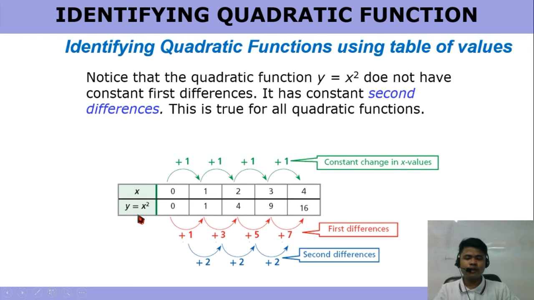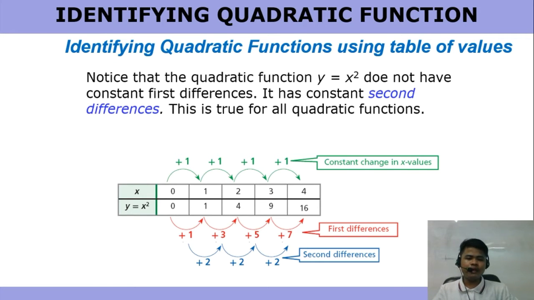Here, the difference of the x values is constant. For a quadratic function, the difference of the x values is constant. And in the y values, we have first differences and second differences.